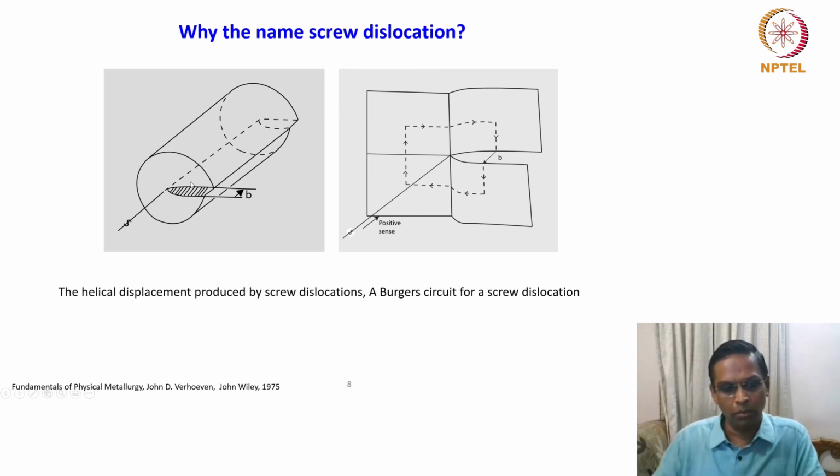Completely it will become a screw. The path of the glide will be in a spiral way, and this rod will become like a screw. So that is why it is called screw dislocation.